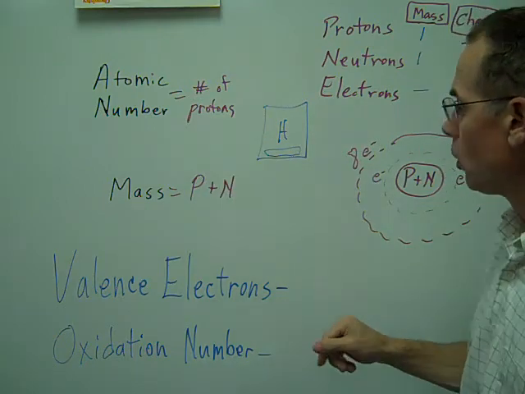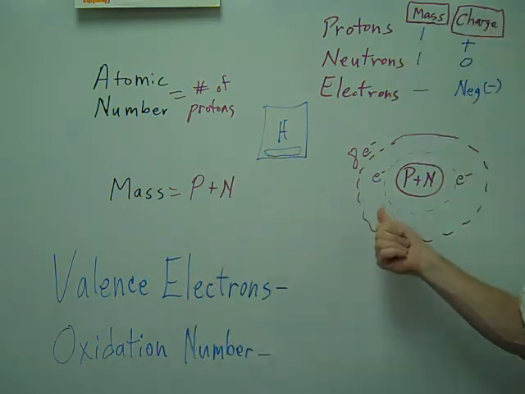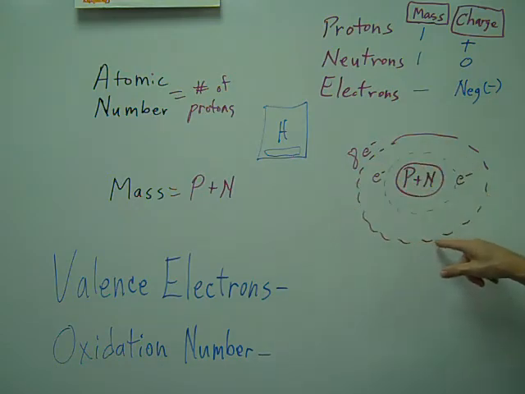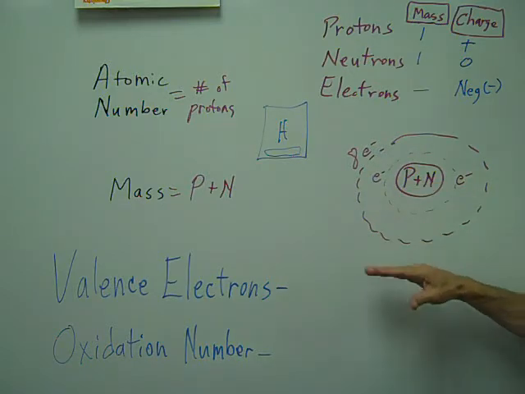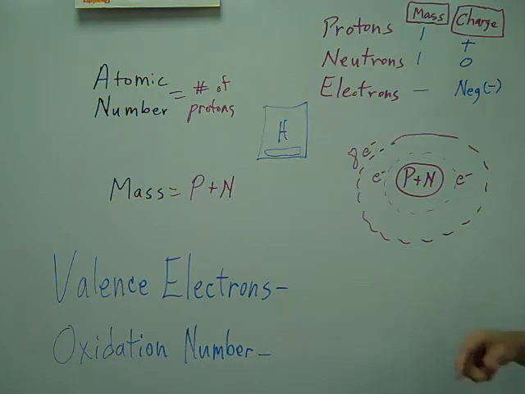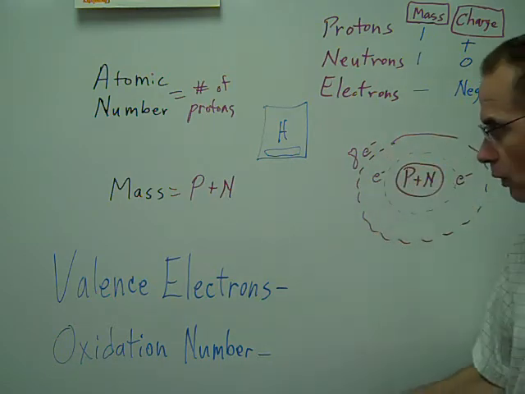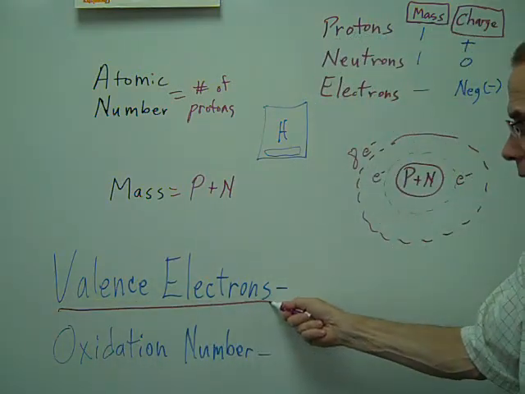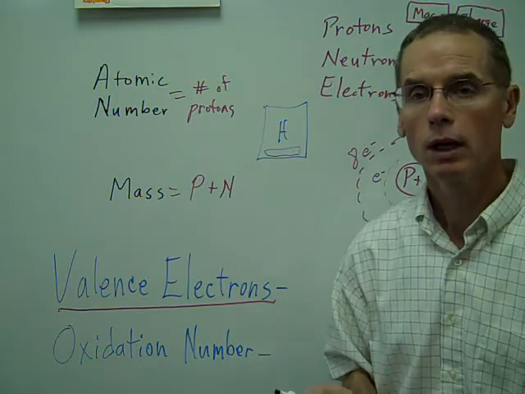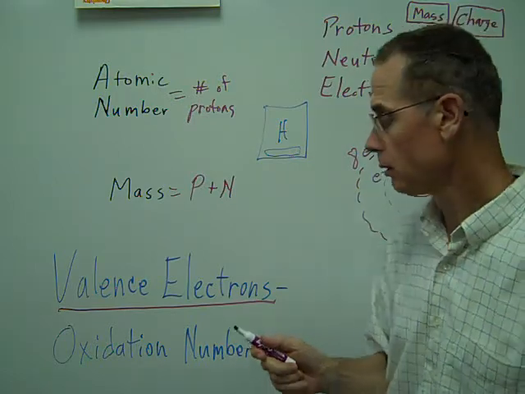Okay, let's go back to our model of the atom, where we have our electrons orbiting around the nucleus. As we said, these electrons will orbit in different energy levels or orbitals, and the number of electrons that are in its outermost orbital is referred to as the valence electrons. This is a very important term to understand.